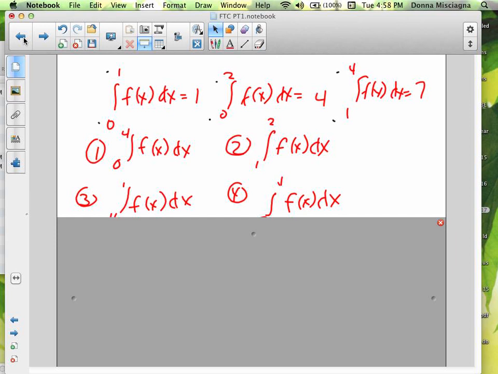All right, so the first one is finding the integral of f of x dx from 0 to 4. Notice we're going to add the 0 to 1 with the 1 to 4.